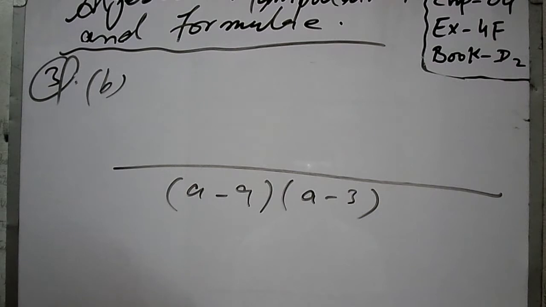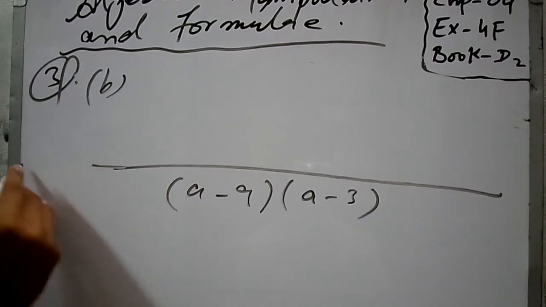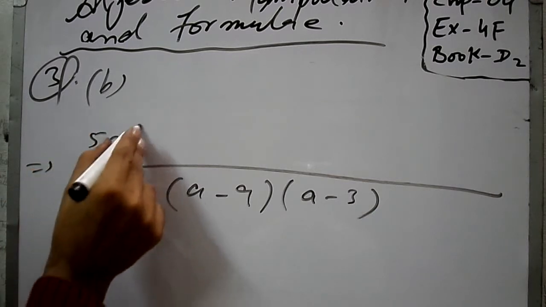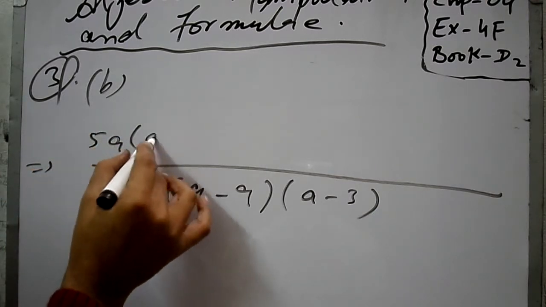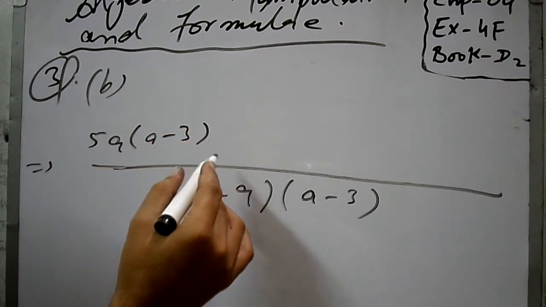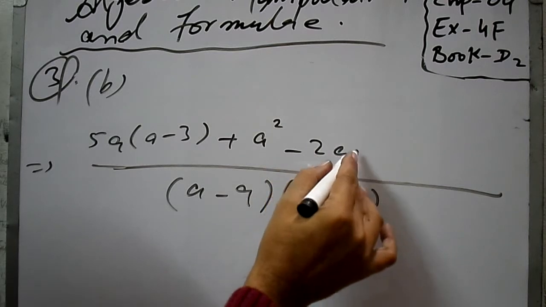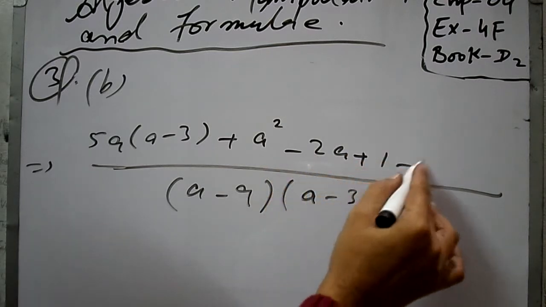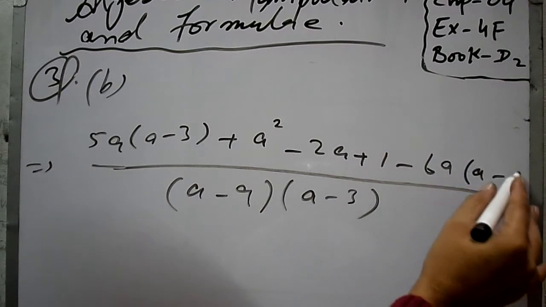So 5a into a minus 9 will be cancelled, so a minus 3. Similarly, plus a square minus 2a plus 1, 6a into a minus 9.